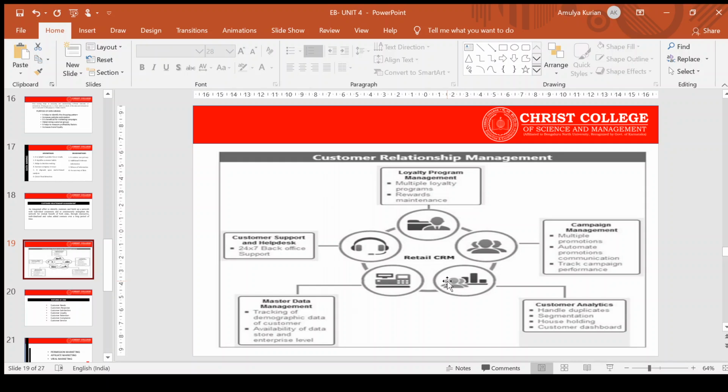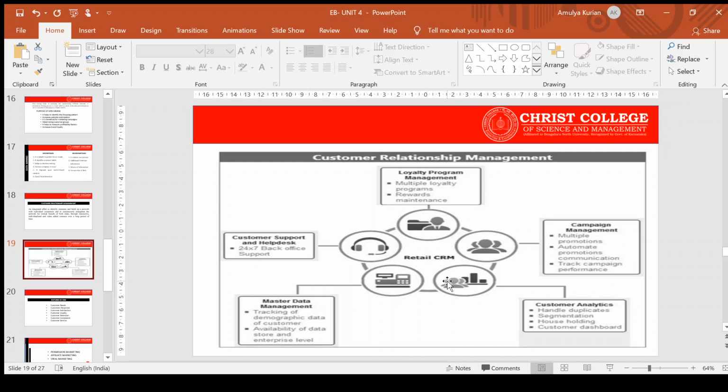One is loyalty program management, where you are getting rewards and loyalty points. Then campaign management, you will have automated promotion, multiple promotion methods, etc. Then there is customer analytics. These handle the duplicates, segmentation, which segment we have to do, householding, customer dashboard, all those things.